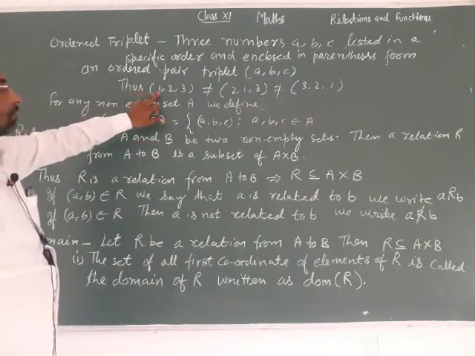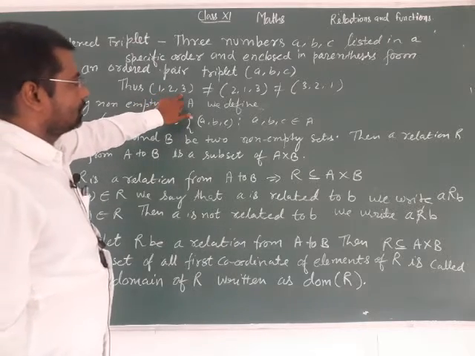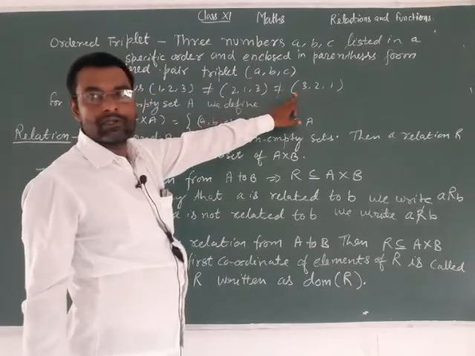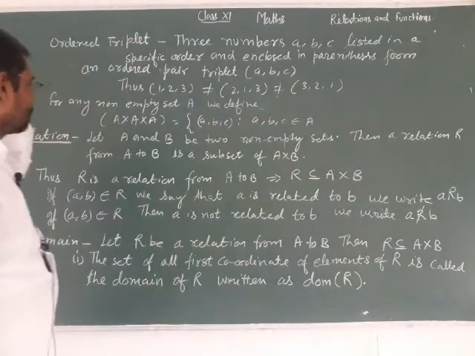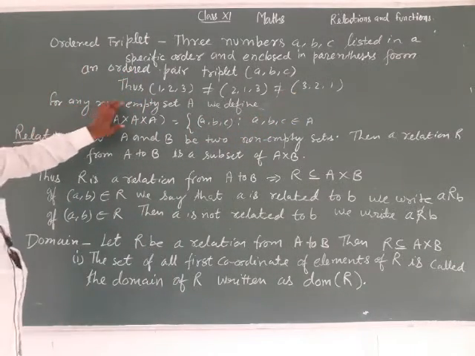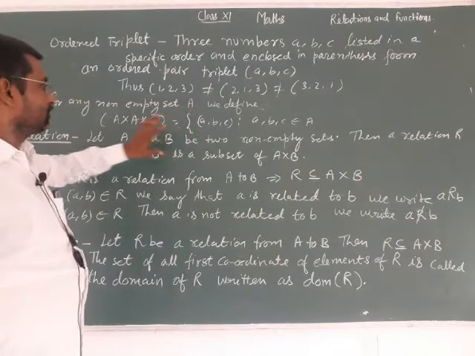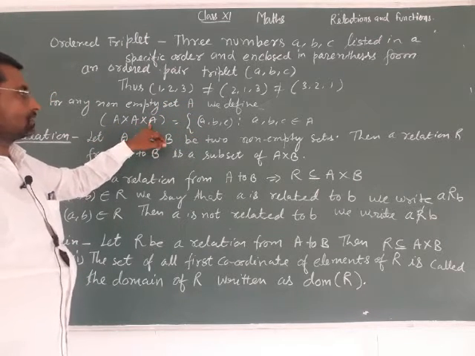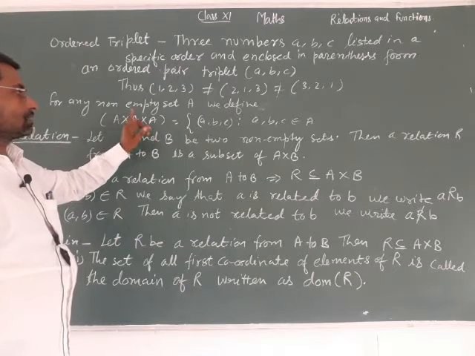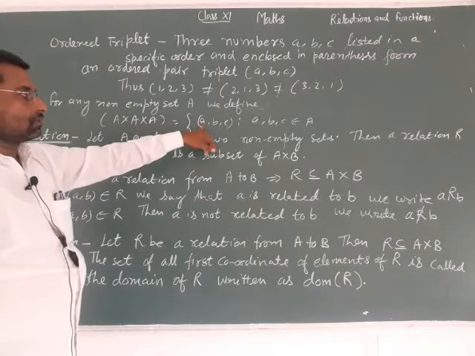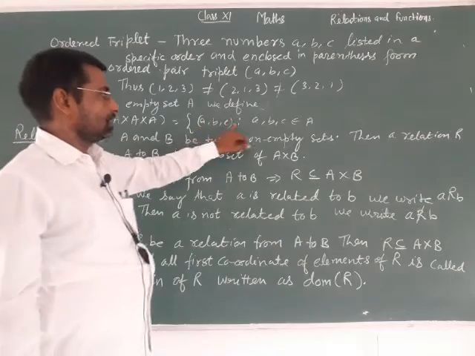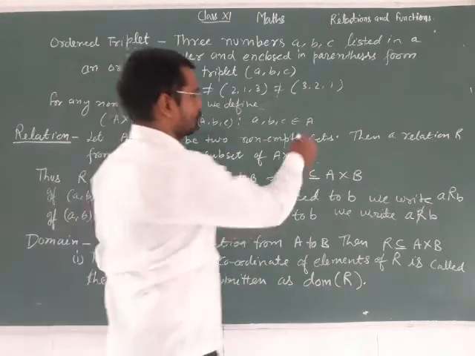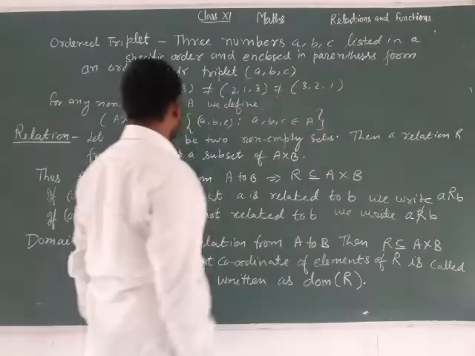Thus (1, 2, 3) is not equal to (2, 1, 3), which is not equal to (3, 2, 1). For any non-empty set A, we define A cross A cross A as the set of (a, b, c) such that a, b, c belong to set A.